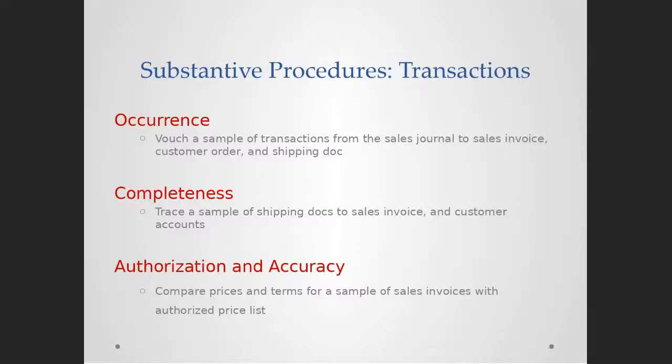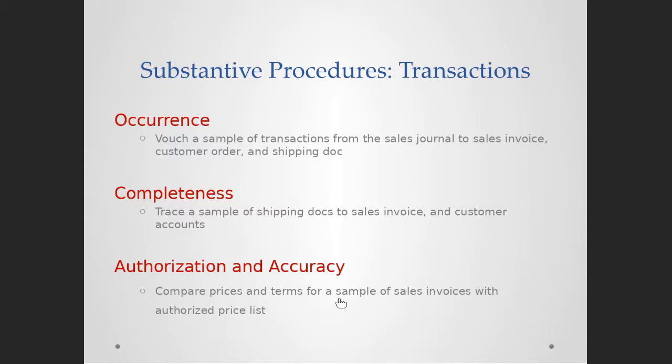Okay. So this is the third one. Checking the prices is not accuracy alone. Checking the prices and comparing them with the price list, you do both, right? So you make sure that the authorized price list is where these numbers came from.